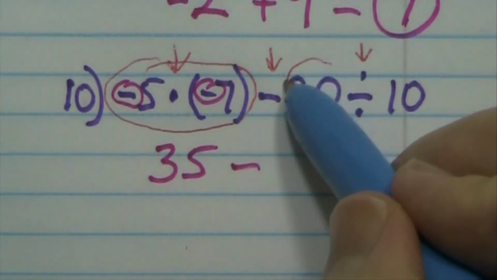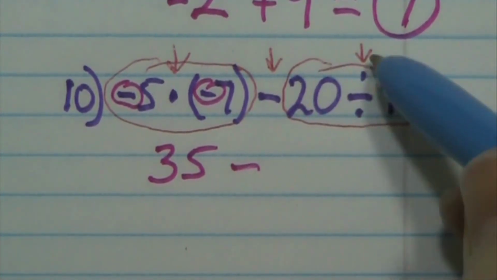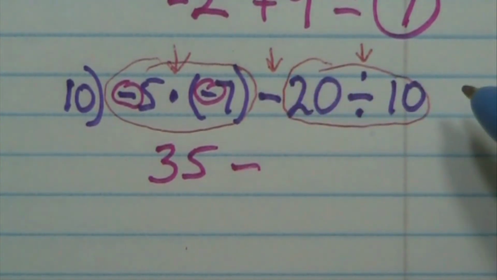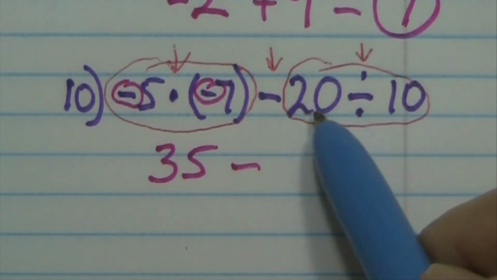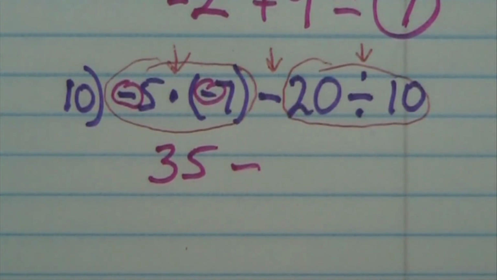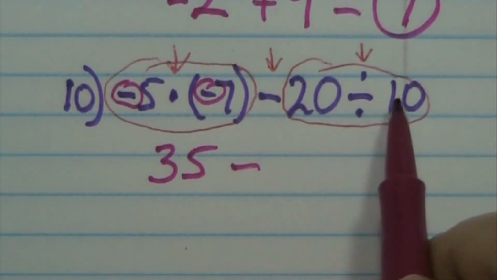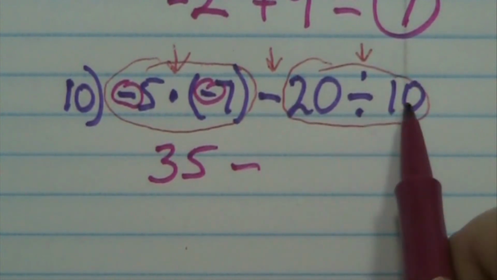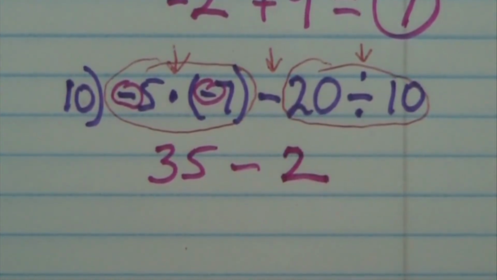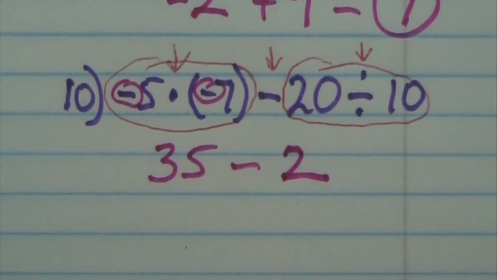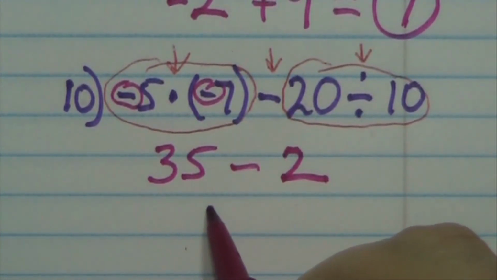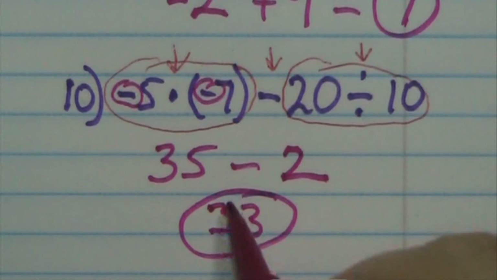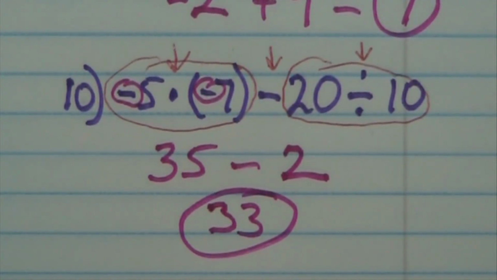We have to do this operation before subtraction. 20 divided by 10 is just 2, right? 10 goes into 20 2 times. So now we have 35 minus 2. And there's our answer.